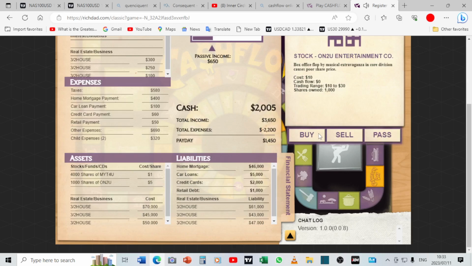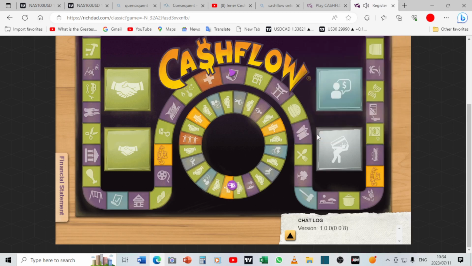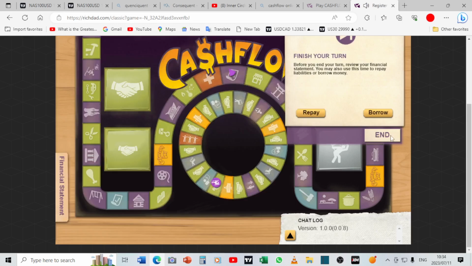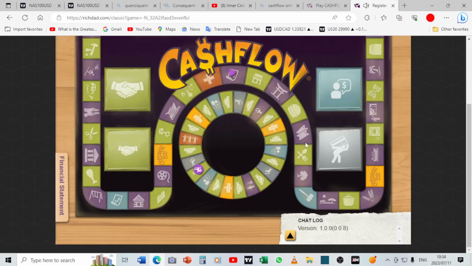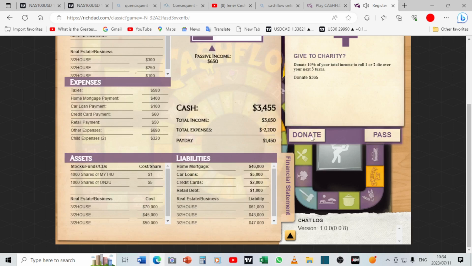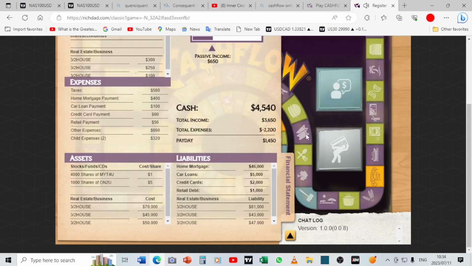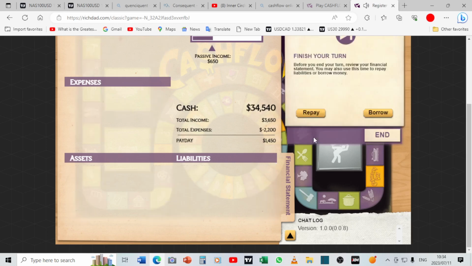Now cost $10 and I own 1,000. No, pass. Cash flow $10, waste of money. Pass. Now $30, and I own 1,000 and I'm selling all of it. Big deals.